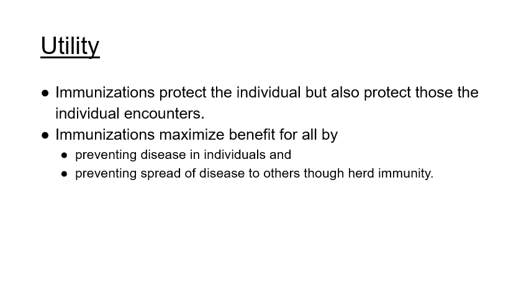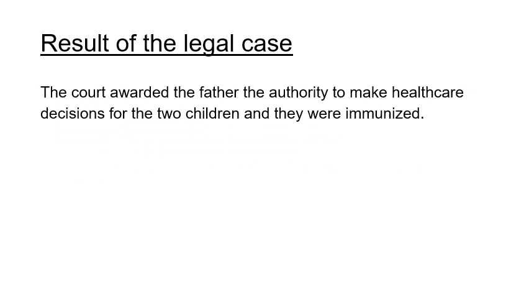Immunizations maximize their benefit for all by preventing disease in individuals, as well as helping to prevent the spread of disease to others through the development of herd immunity. In the end, the result of the legal case was that the court awarded the father the authority to make healthcare decisions for the two children, and they were immunized.